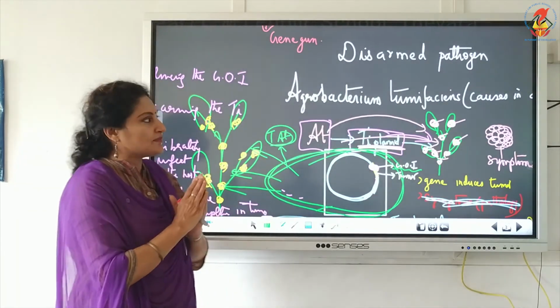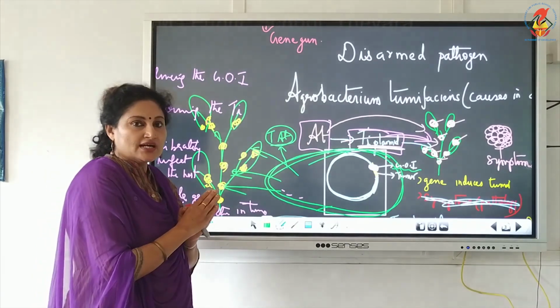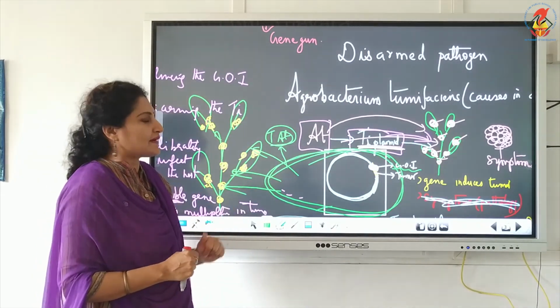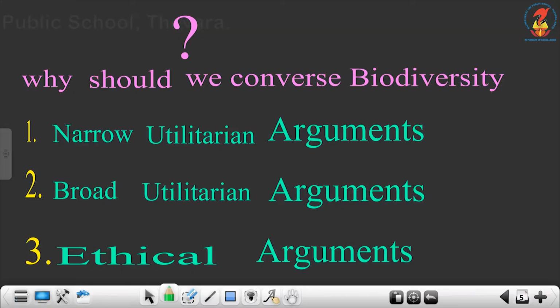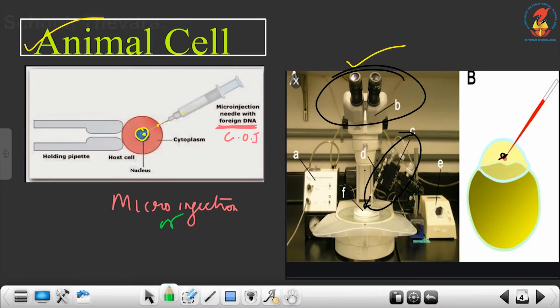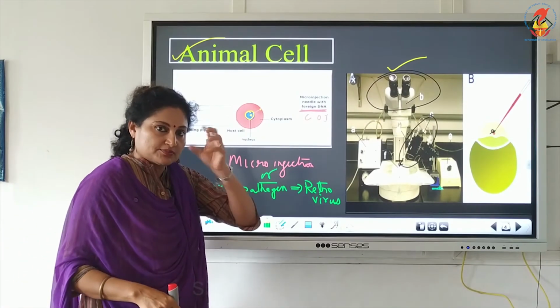Okay, so remember, other than gene gun, we can make use of disarmed pathogen. Similarly, in animals also the same procedure. Instead of micro injections, we can use a disarmed pathogen. But here the pathogen cannot be agrobacterium tumefaciens. Here the pathogen is a retrovirus. You know what is a retrovirus? A virus which has RNA as a genetic material. So here what is done? The retrovirus is modified.